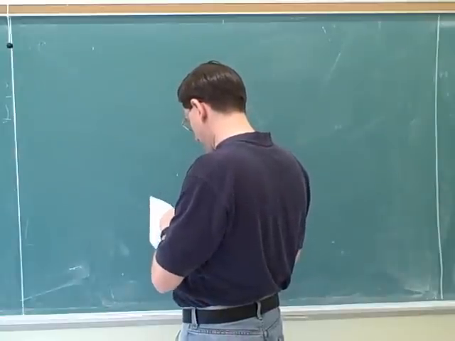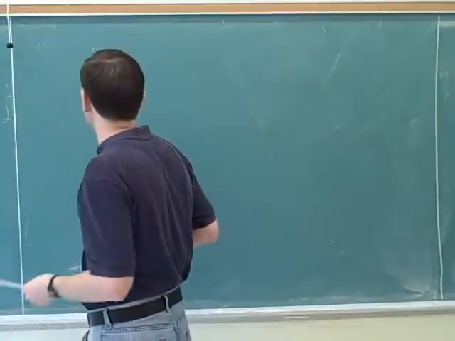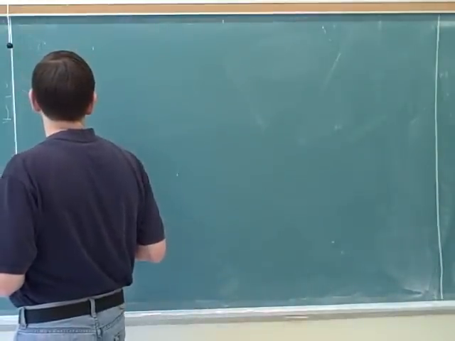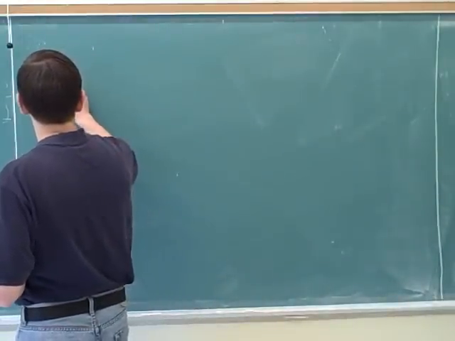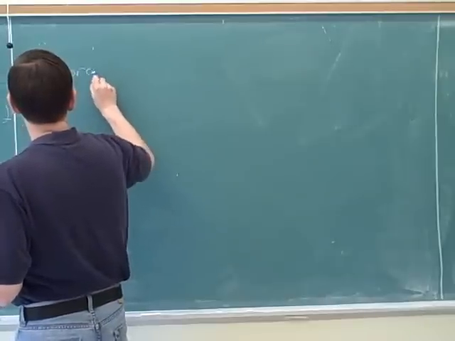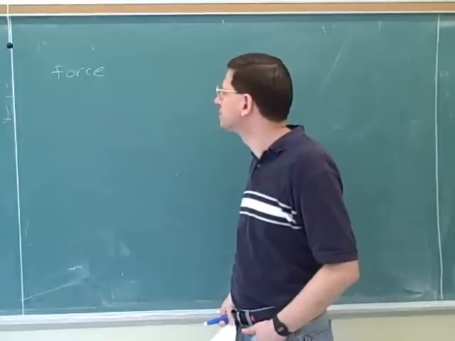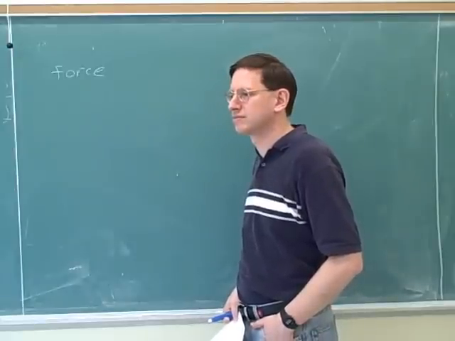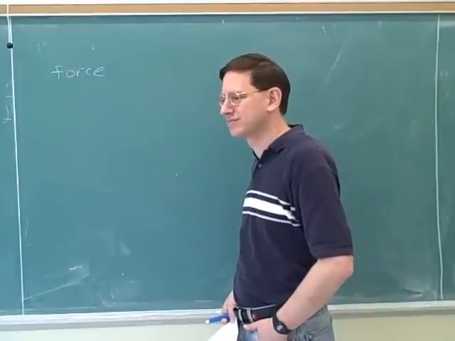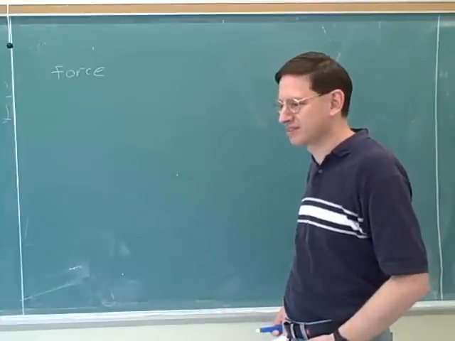All right, so you want to take a blank piece of paper and maybe turn it horizontally, and then towards the left end, we'll start with the idea of force. That's okay.